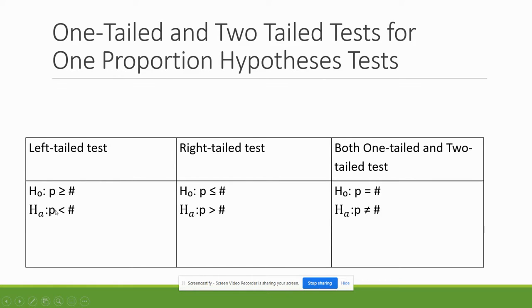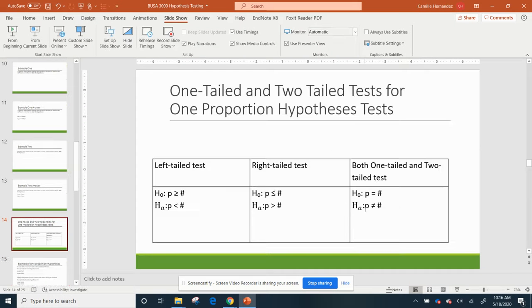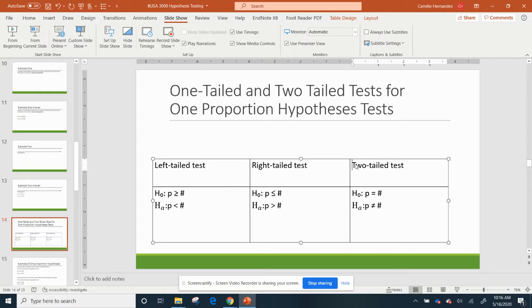The alternative is the proportion is less than the number. Right-tailed, the null is the proportion is less than or equal to the number. The alternative, the proportion is greater than that number. And again, for the two-tailed, I need to clean up the slide. The proportion equals that number or the proportion does not equal the number. All right, let's get rid of that. Boom, two-tailed. Okay, that looks better.